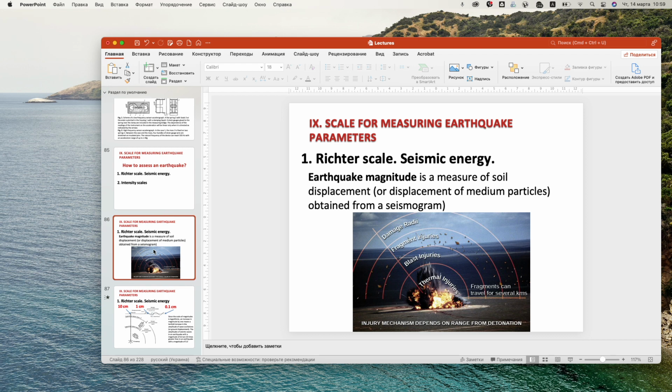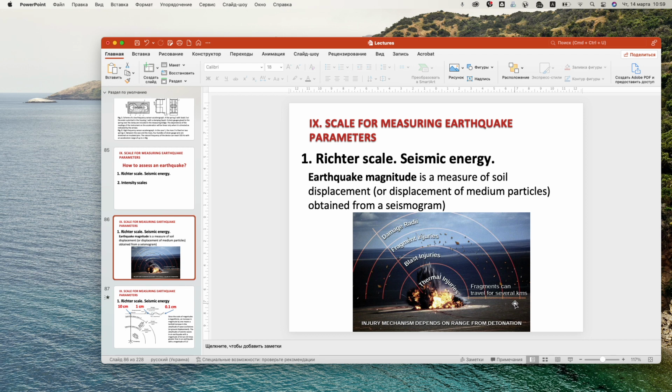So when we're talking about the Richter scale, it's like a TNT equivalent for the blast. But this equivalent gives us an ability to define the energy in the hypocenter, the seismic energy in the hypocenter. So it's not connected with the distance from the hypocenter.